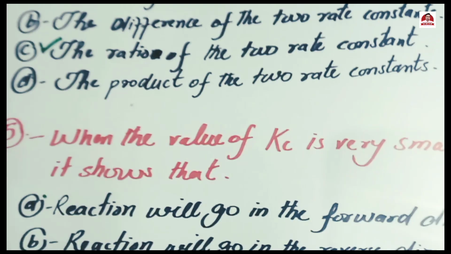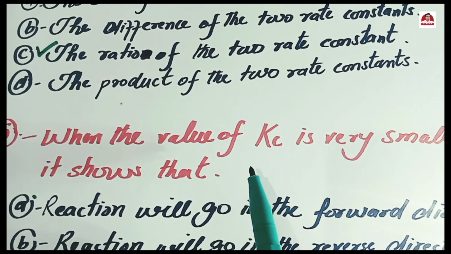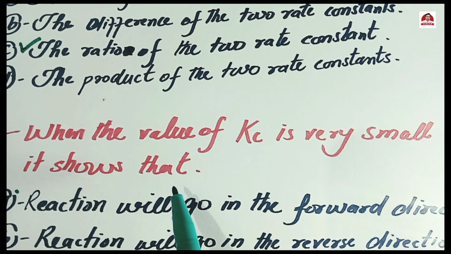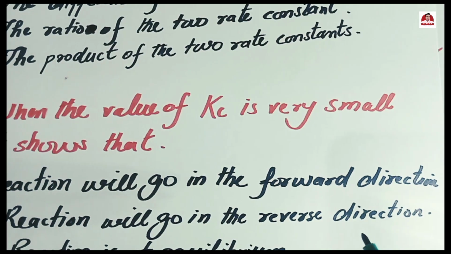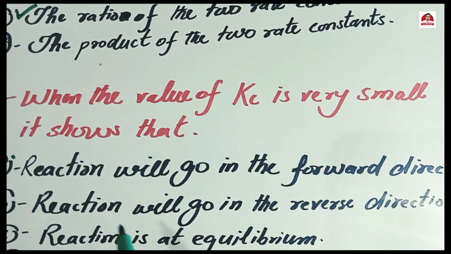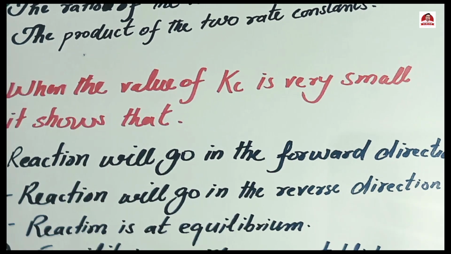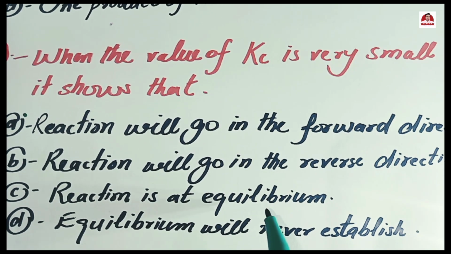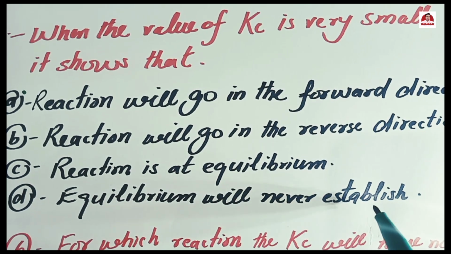Next, question number 5. When the value of Kc is very small, it shows that option A, the reaction will go in the forward direction; option B, the reaction will go in the reverse direction; option C, the reaction is at equilibrium; and option D, equilibrium will never be established.